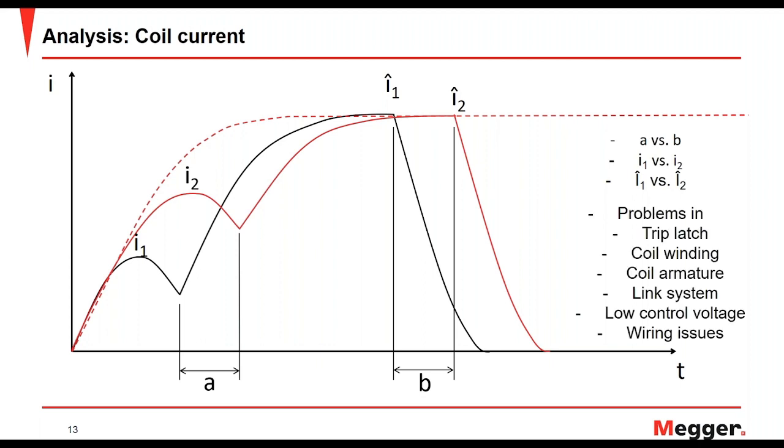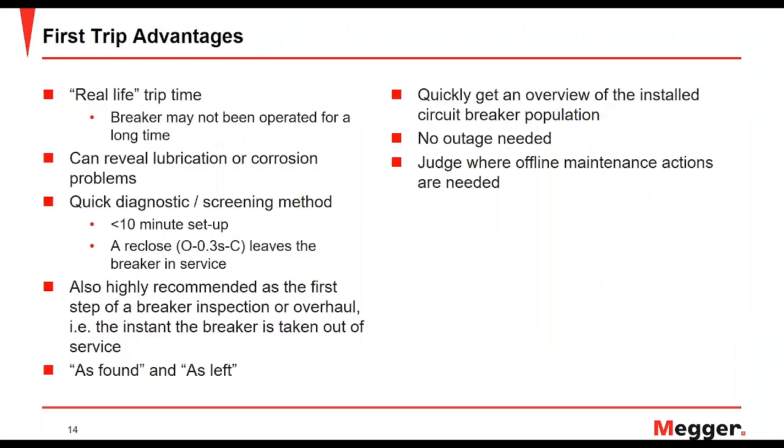So I can compare these and see if I have any problem in the coil winding or coil armature, or even the voltage system could result in this condition as well.